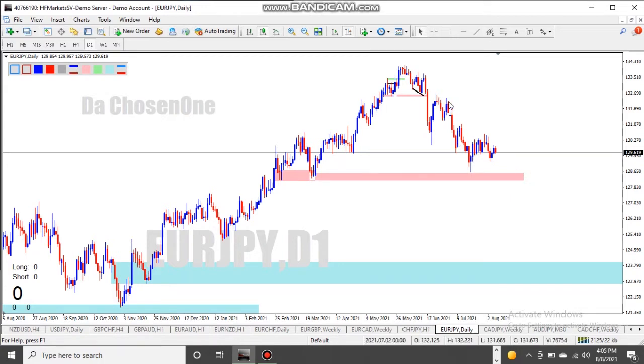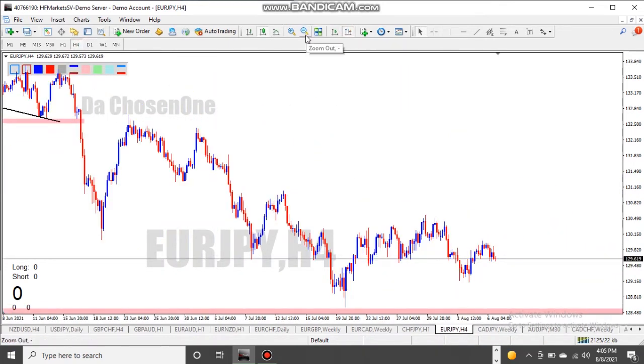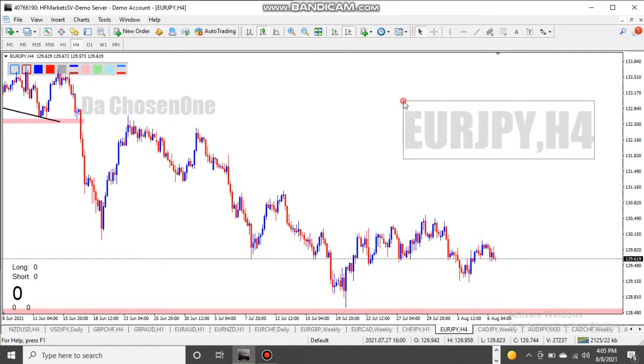So as you can see, it's in a rally phase. We're looking for buying opportunities. You can even see here that price engulfed the supply, giving us even more surety that our buying opportunities are valid.